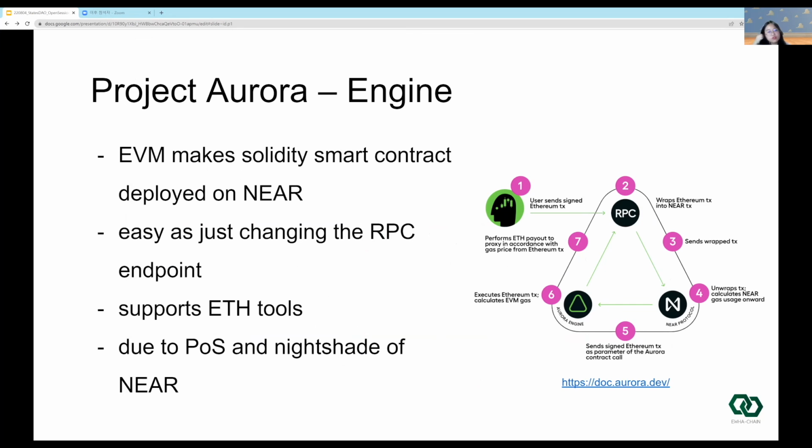It supports all tools available in the Ethereum ecosystem like MetaMask, Truffle, Hardhat, and Remix. Thanks to Aurora's EVM, Ethereum native applications can seamlessly be ported to Near's L2-like network that is built as a smart contract on Near. Developers may enjoy familiar Ethereum tooling when working with their Solidity smart contracts on Aurora.